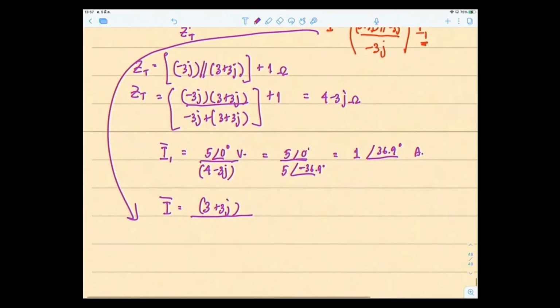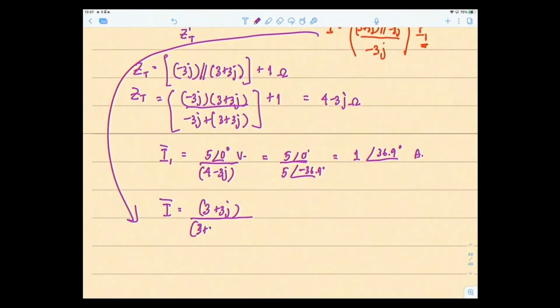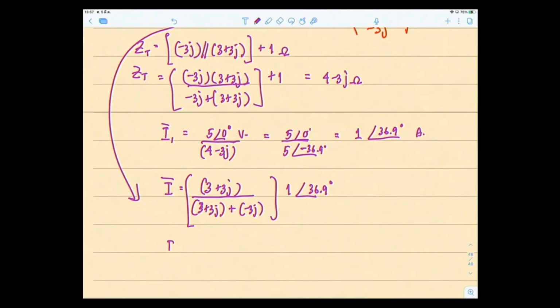So 3 plus 3J plus minus 3J, and then multiply by I1, which is 1 angle 36.9 degrees. And using your calculator, you get your current I to be root 2 angle 81.9 degrees amps.